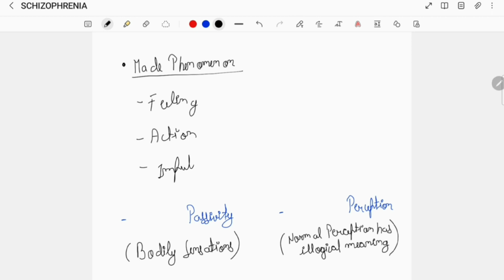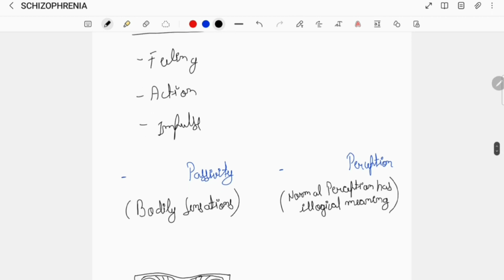Apart from these, we can also have somatic passivity in the first rank symptoms, wherein the patient can have bodily sensation. Also, there can be delusional perception in the first rank symptoms, wherein the normal perception has an illogical meaning.